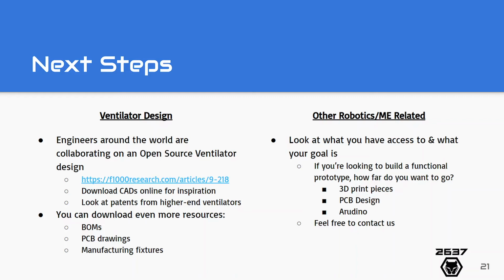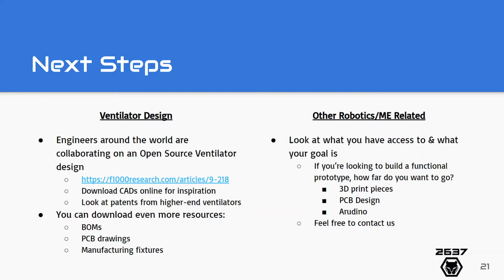To get started, you can download CADs online for inspiration, and you can look at patents from higher end ventilators. I'm not sure about that exact link because that's an article, but there was also another link. I'll pop it in chat if I find it, where you can download even more resources besides just the CAD.